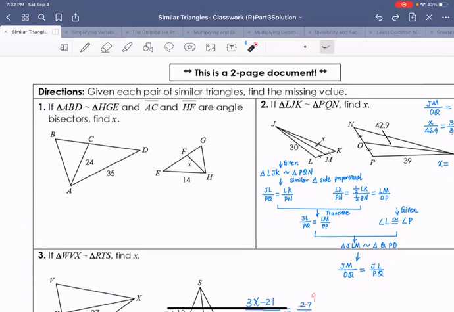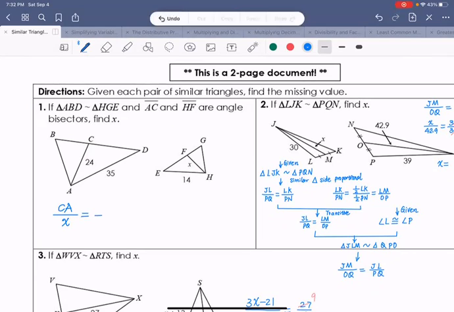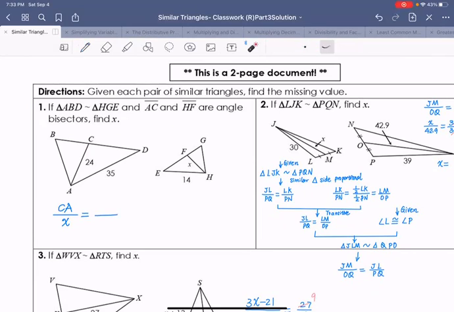Yeah, we do a similar proportion. CA is over X, and then DA over EH. Yes.